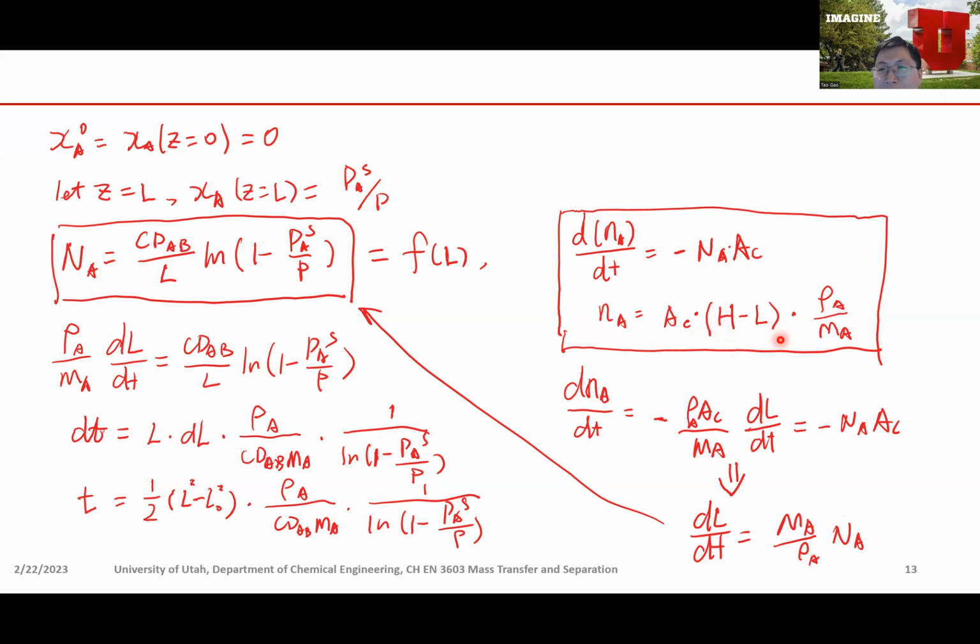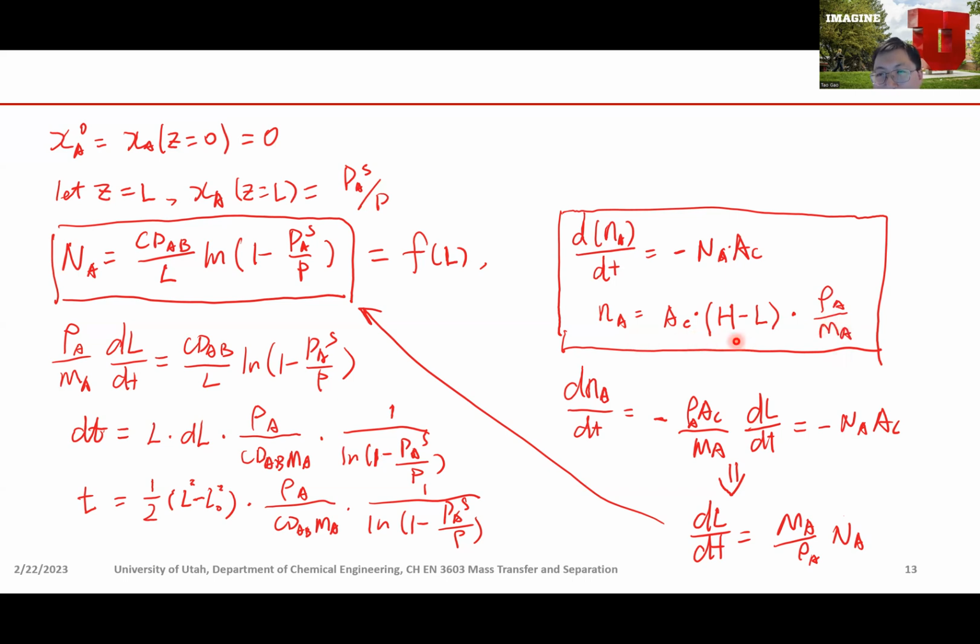That gives you the total volume of the liquid, multiplied by the density of water gives you the total mass of water, divided by the molecular weight of water, and that will give you the moles of water in the liquid phase.